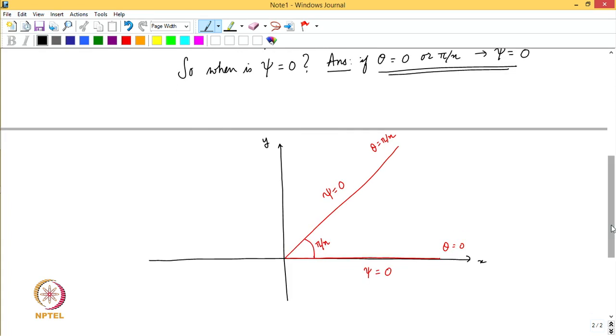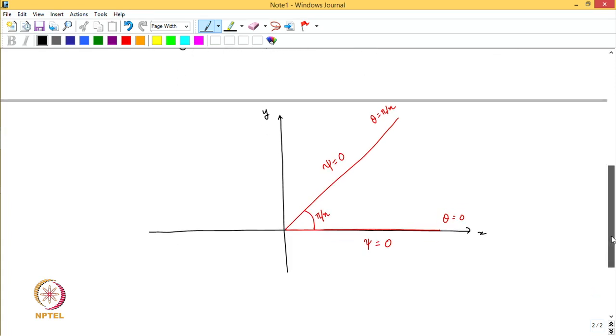Now, let us also calculate the complex velocity, which would be just df by dz.